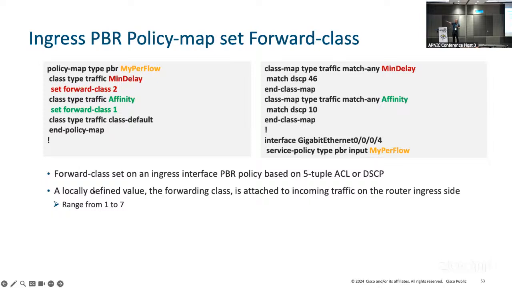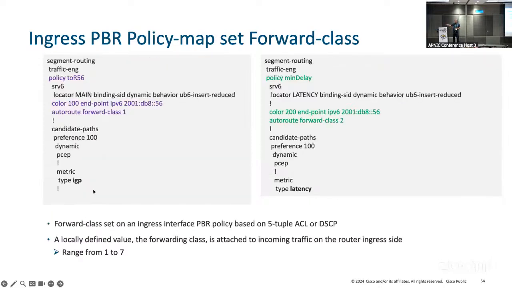The marking is in the policy, saying that according to this class map, I'm going to mark those packets either forwarding class 1 or forwarding class 2, right? With that, I define my SRv6 policy, and I can tell certain traffic to follow forwarding class 1 or forwarding class 2.